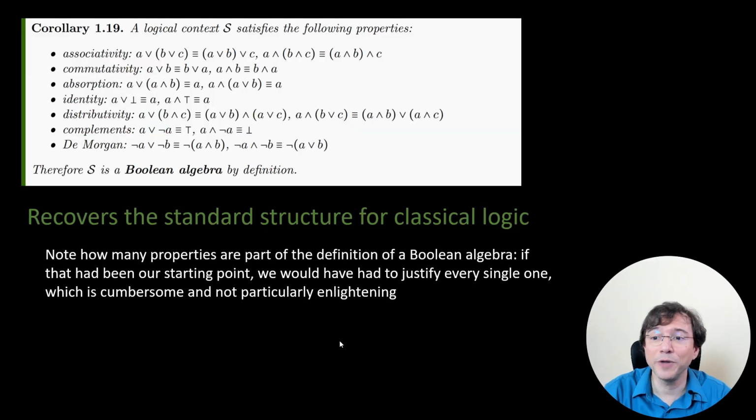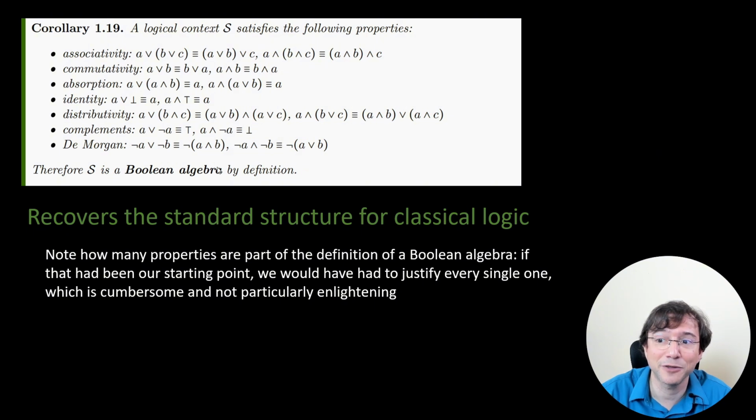And this is how we can now recover the standard logical structure for logic. So we have defined our ANDs, our ORs, and our NOT. And we can go and verify that these ANDs, ORs, and NOTs have these properties, and therefore they are a Boolean algebra.